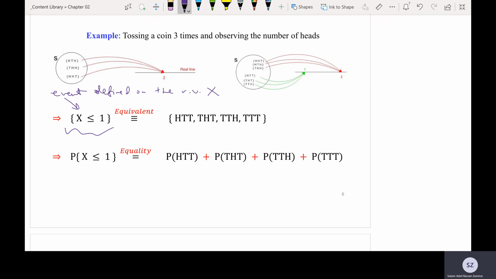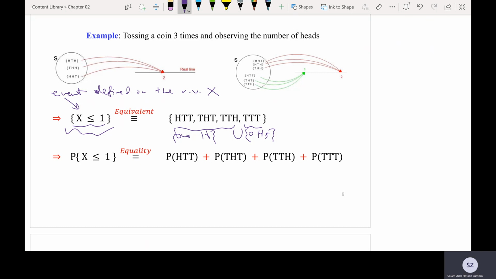It is equivalent to the union of events that give you X less than or equal to 1. X is less than or equal to 1 happens when you have 0 heads union with 1 head, right? So basically, you get 4 elements.